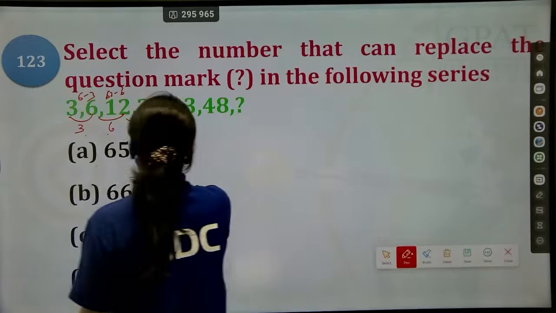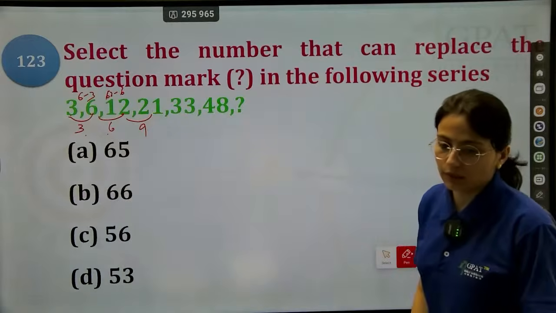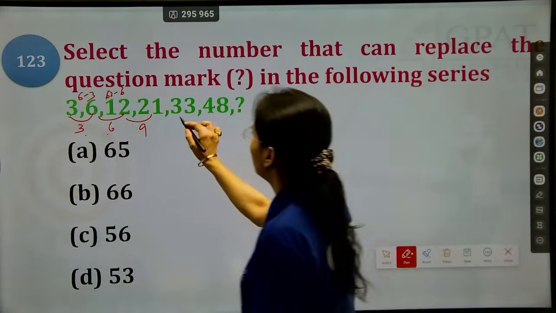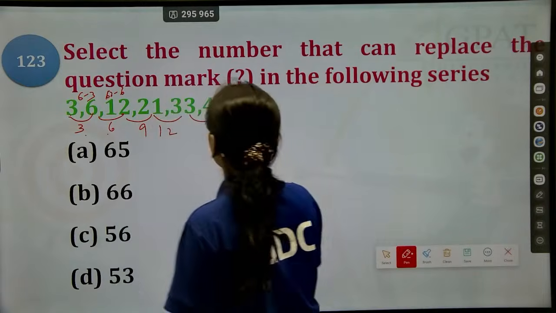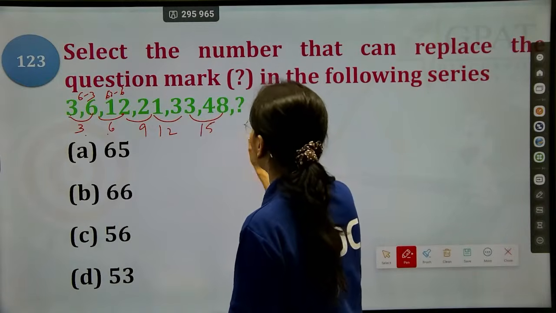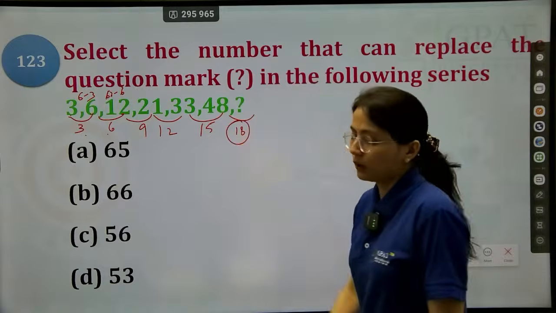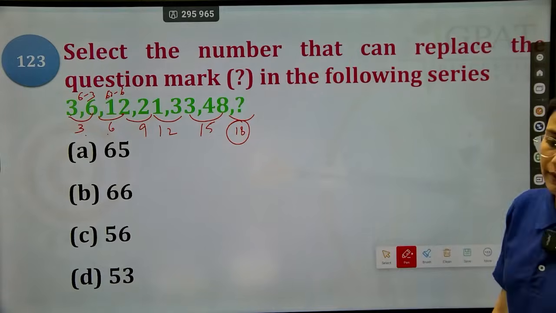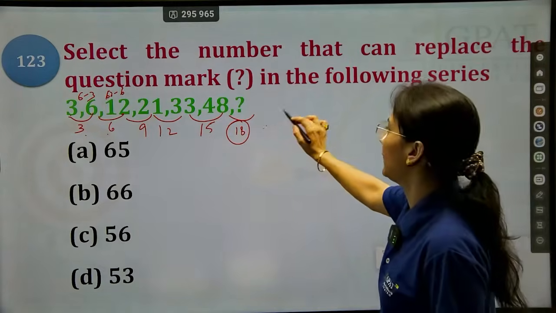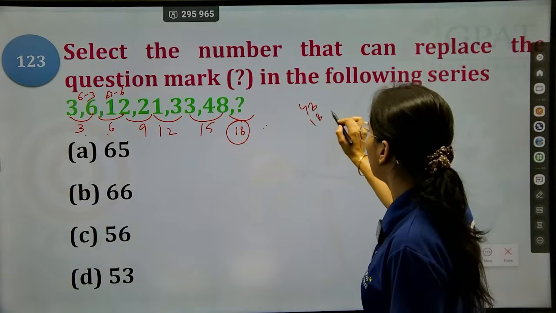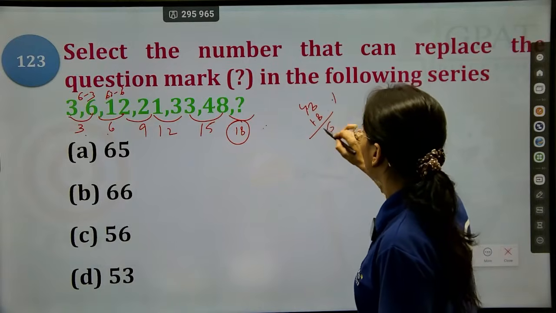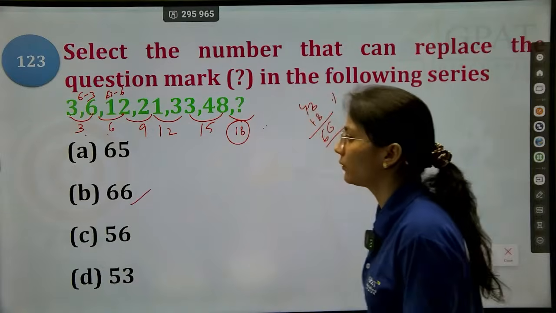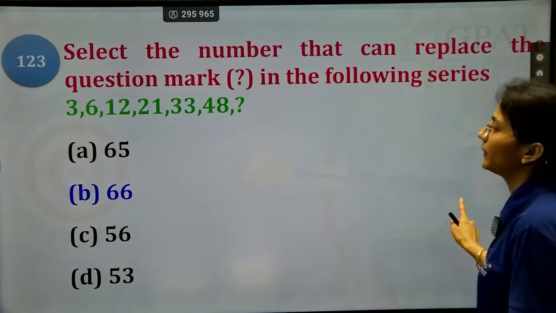So 3, 6, 9, the next is 12, then 15, then 18. So 48 plus 18 is 66. So the correct answer is 66. Option number B is correct.